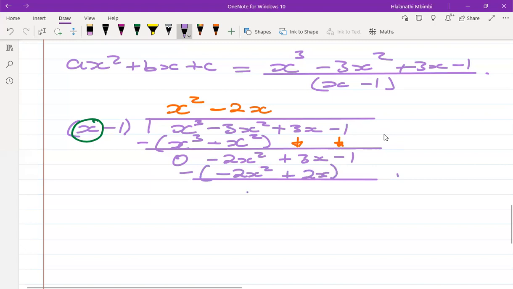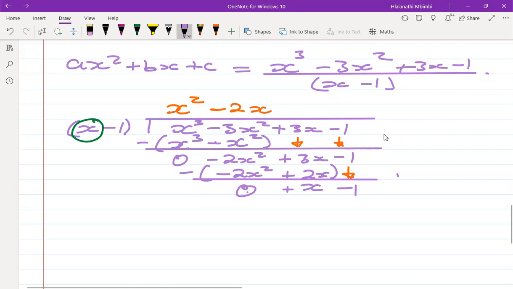Now, once you have that, this is positive 2x squared, this is negative x squared, so this is going to give you 0. Whereas this one is negative 2x, so it's 3x minus 2x, which gives you x. And then you can bring this negative 1 down as well, and you start the process again.